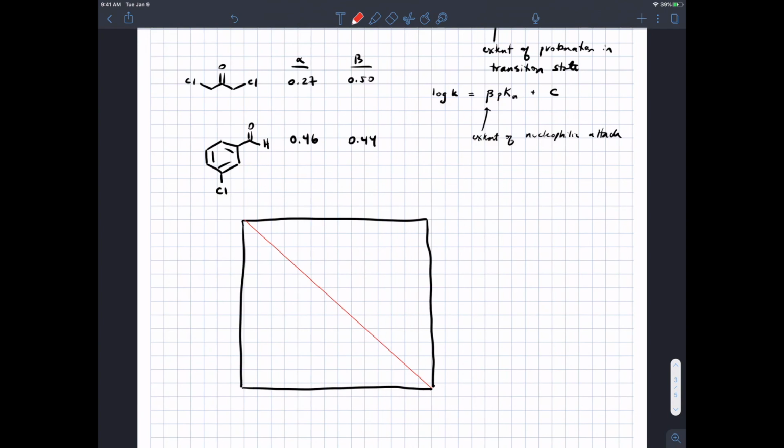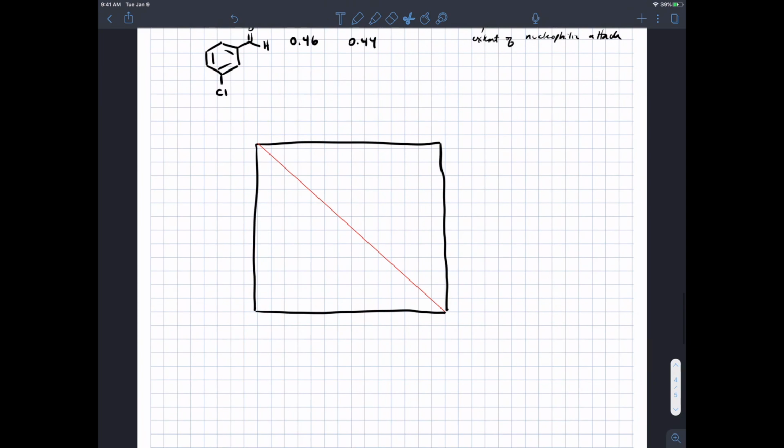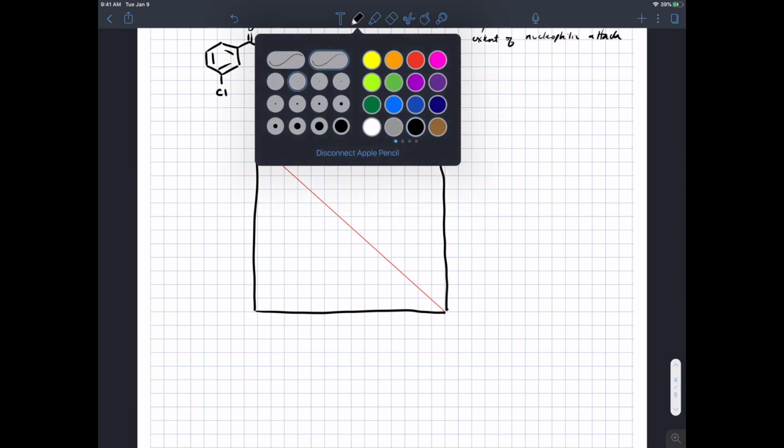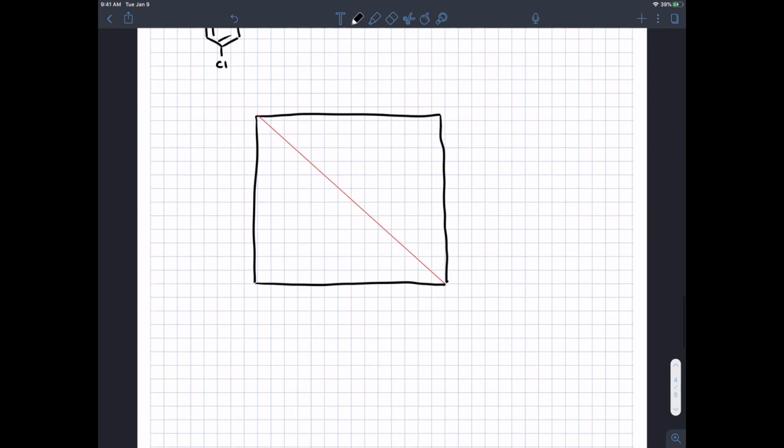The line there represents the reaction pathway for the fully concerted reaction. On the x-axis, we're going to have beta, which is extent of nucleophilic attack.